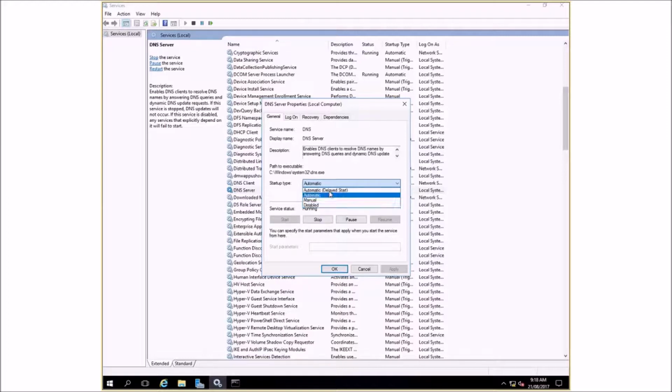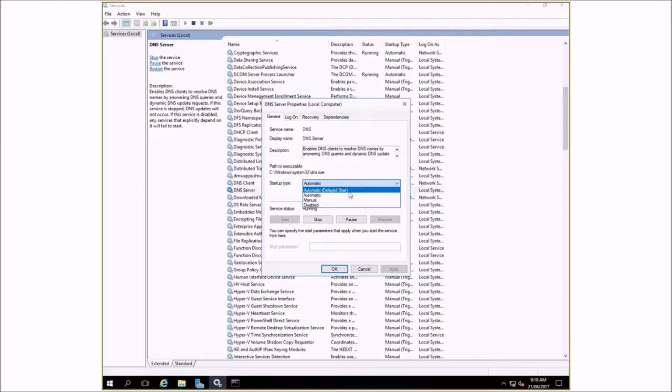So the last option, which I sort of described as last, is a little bit complicated. It's not really, but it's a little bit different. The other ones are pretty obvious. But this automatic delayed start is just like automatic, but it's not straight away. As the name suggests, it's delayed. What does that mean? That means it waits for all the other automatic services to be turned on first, then this one gets turned on.